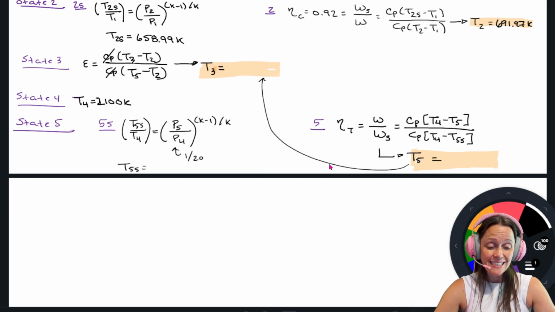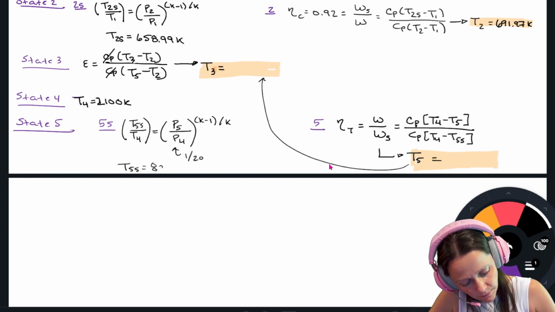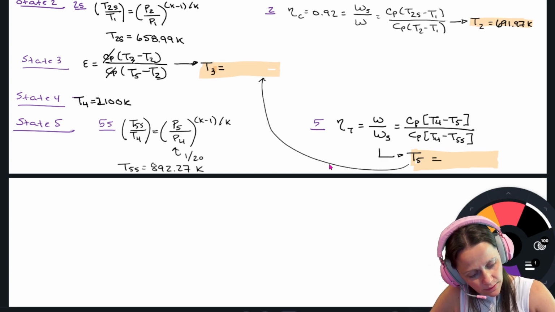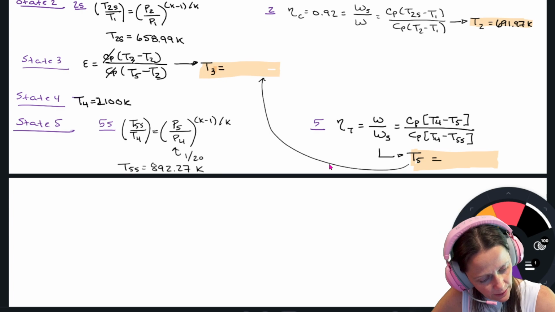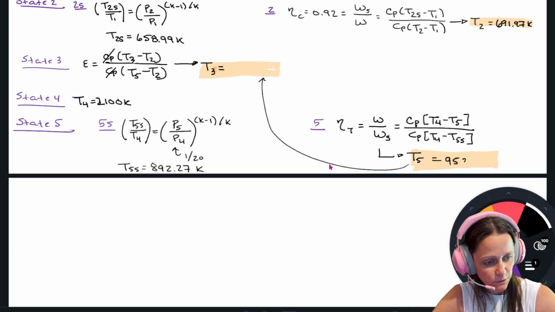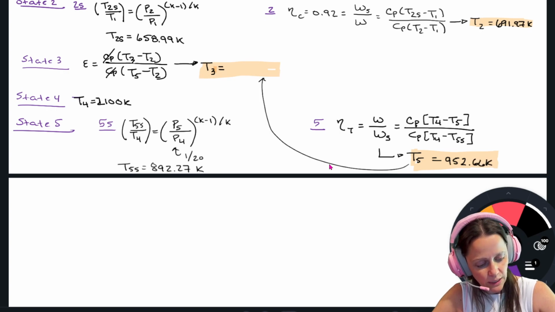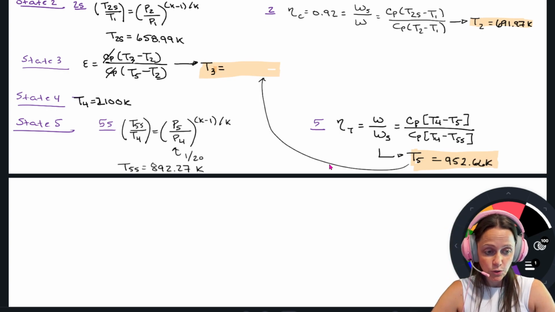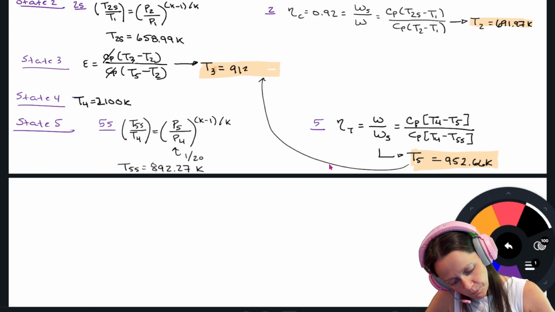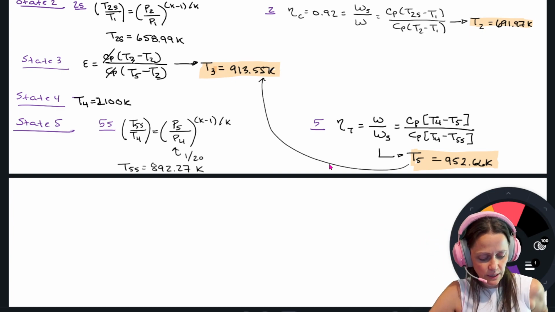I've got 892.27, and this is in Kelvin. And then I should be able to plug things in and get a T5, which is 952.66 Kelvin. And then that allows me to get T3, which is 913.55. Perfect.